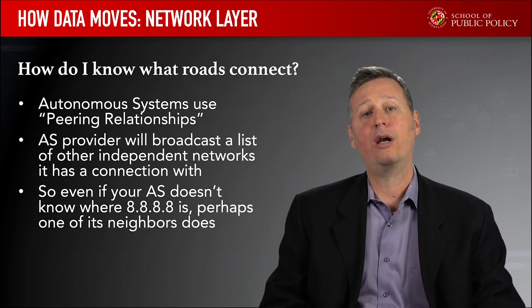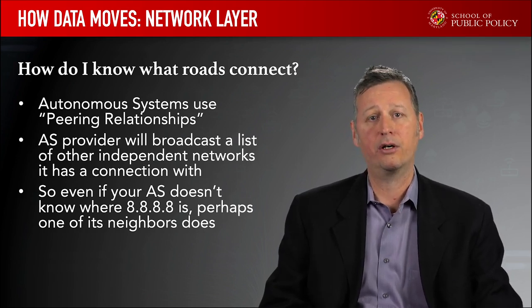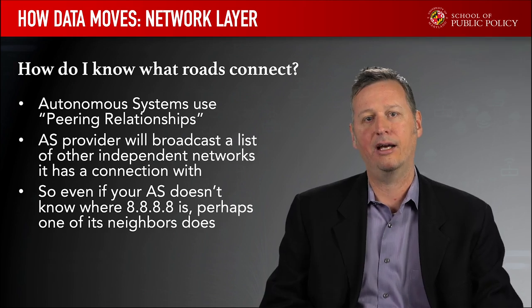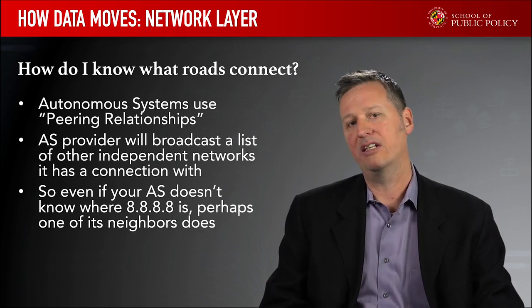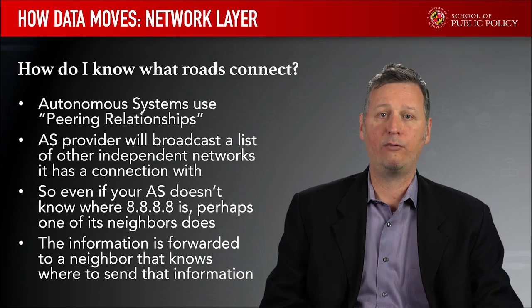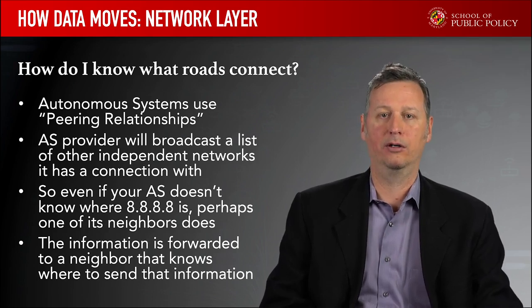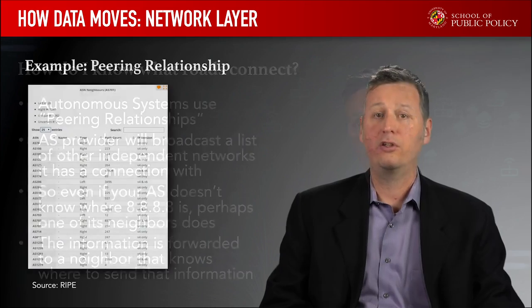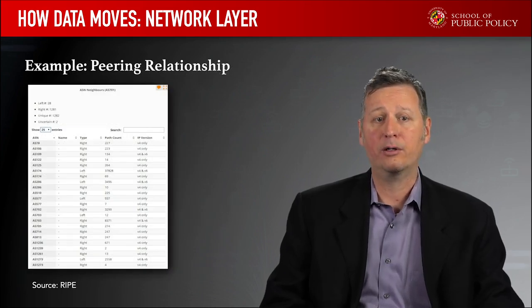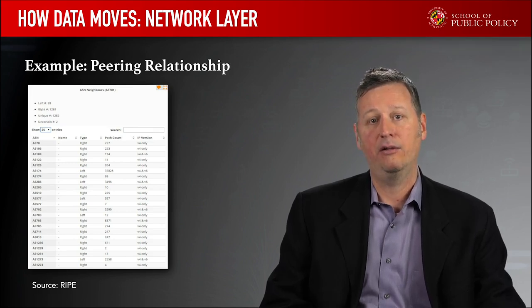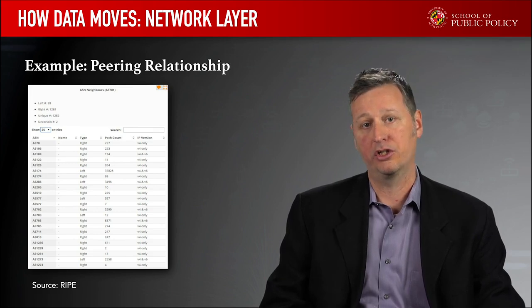So even if your AS, your autonomous system that you're a part of, does not know where 8.8.8.8 is, perhaps one of its neighbors does. Your information is forwarded to a neighbor of that AS structure that knows where to send that information. So this is just a quick example of a peering relationship of one AS. And what you'll see in this is that there are a variety of different AS numbers that this particular autonomous system has a relationship with.